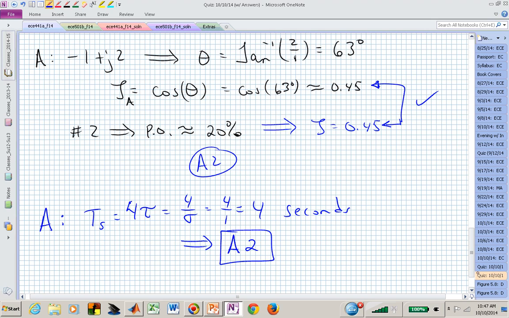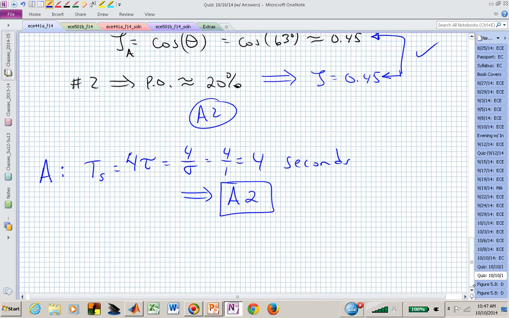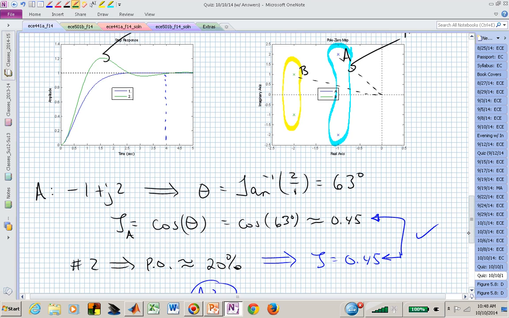If we look at the other settling time, point B, its settling time is 4 tau, but B is further into the left half plane.